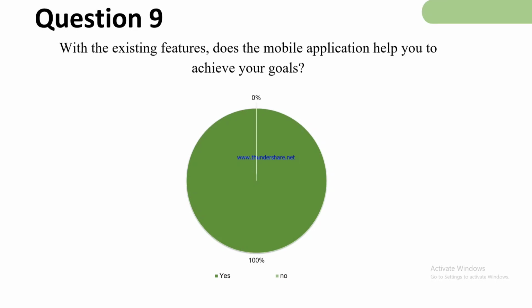The next question was, with the existing features, does the mobile application help you to achieve your goal? All the users said that this application helped them to achieve their goals.